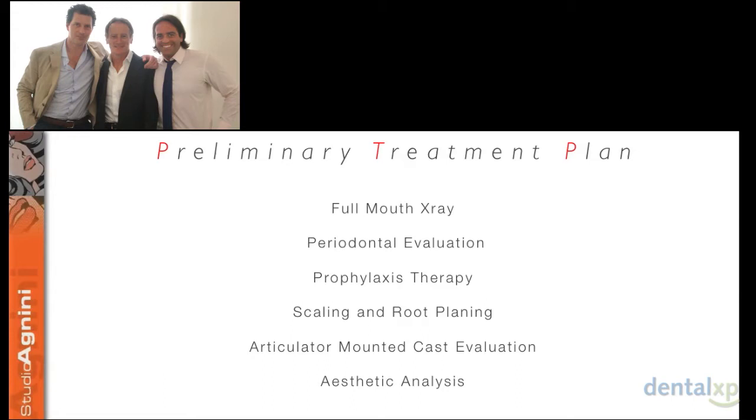So we explain to the patient that he has to help us also at home with more dental care. We do 1 or 2 sessions of scaling and root planing. We evaluate the study models on an articulator, and at the end, we do an aesthetic analysis, because function and aesthetics always have to go in pair. One without the other cannot be possible.